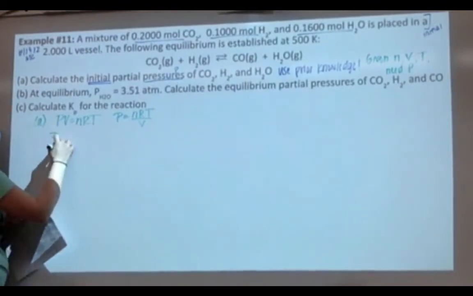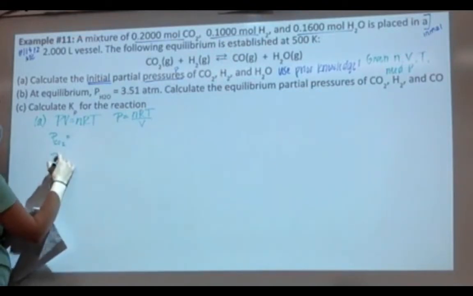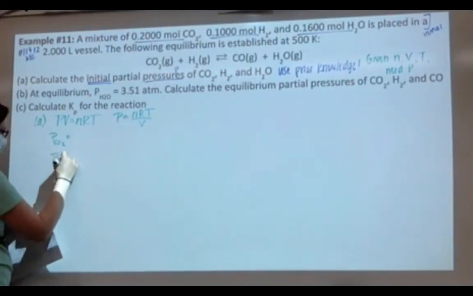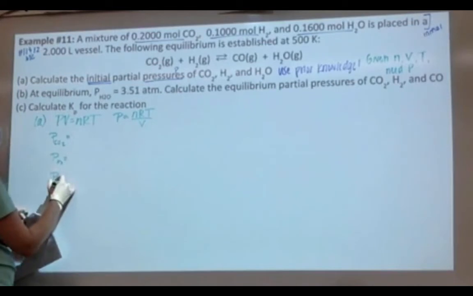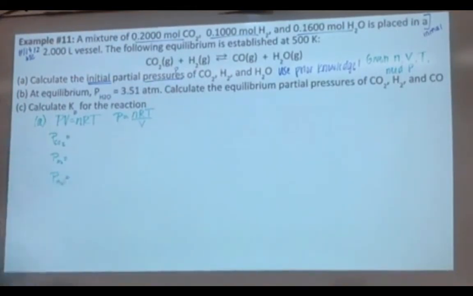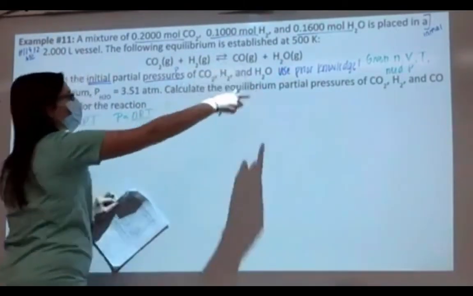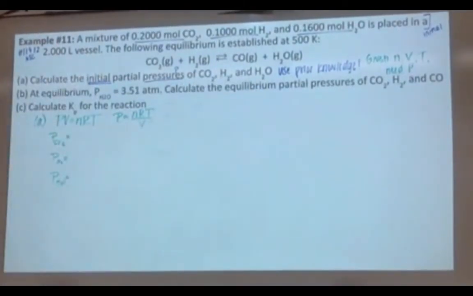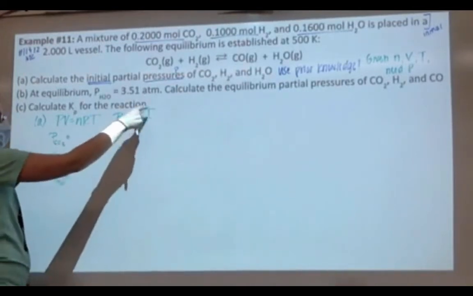I'm going to solve for the pressure of CO2. I'm going to solve for the pressure of H2. And I'm going to solve for the pressure of H2O. That's what it's asking for. CO2, H2, and H2O. Pressure equals nRT over V.